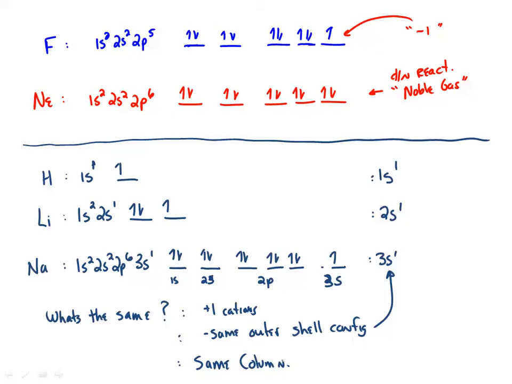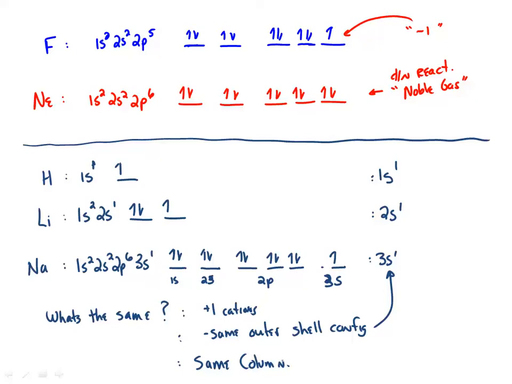And for instance, they all have the same charges. So we know that all of the alkali metals, going down that chart, all form +1 cations. Well, the reason they form +1 cations is they all have the same outer shell electron configuration.